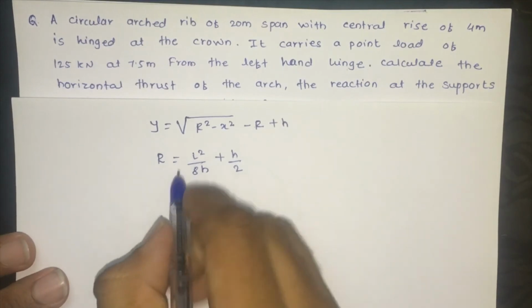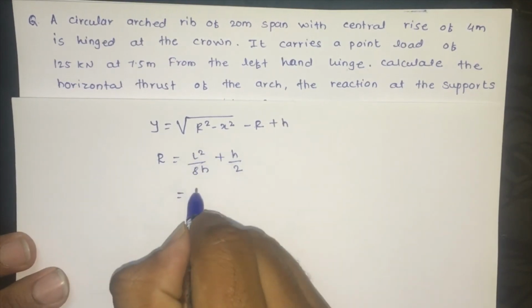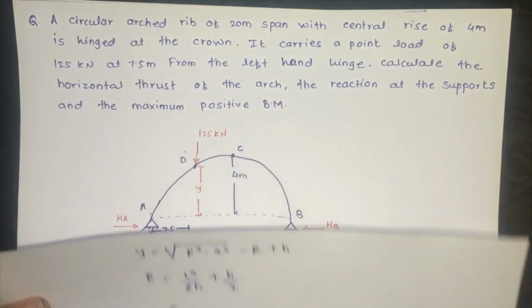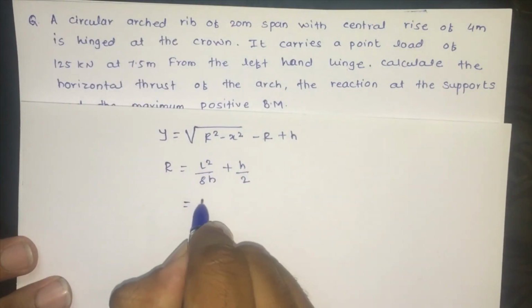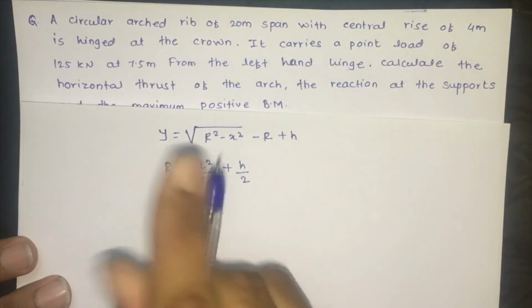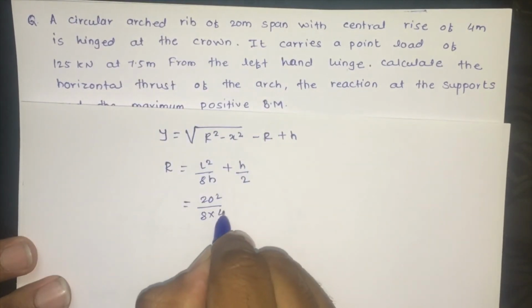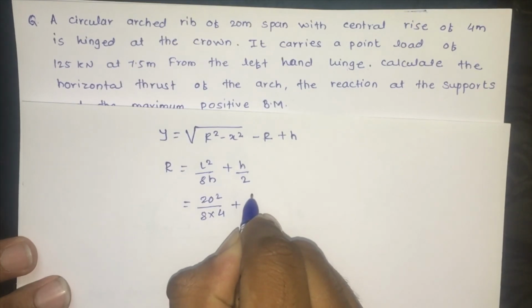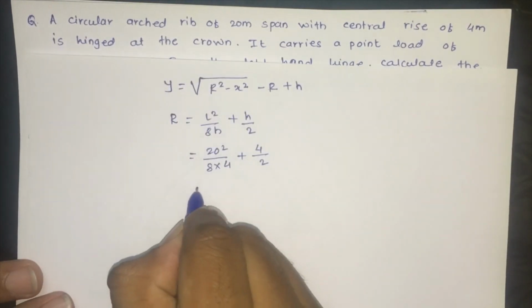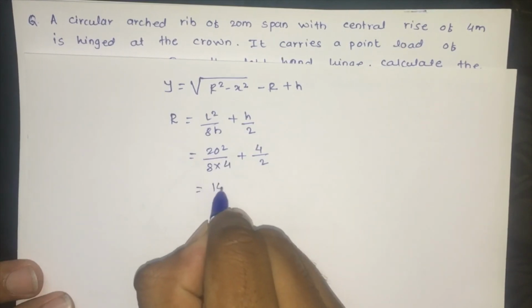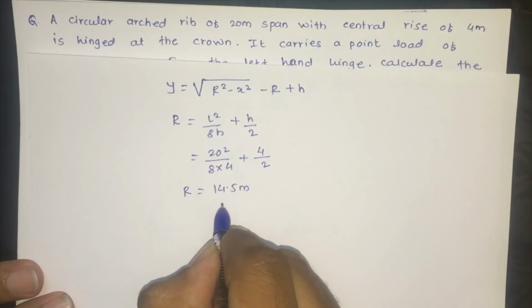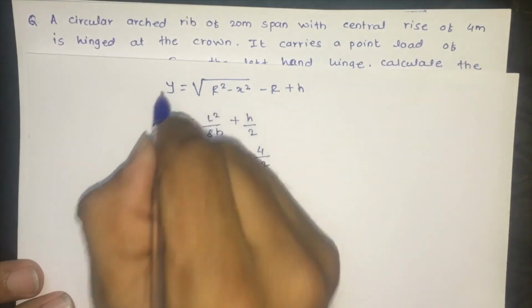L is nothing but the span, that is 20 meter as given, so 20 square divided by 8 into h, value of h is 4 meter, plus h, that is 4 divided by 2. So the value of r is equal to 14.5 meter. Put this r value in the equation and find the value of y.